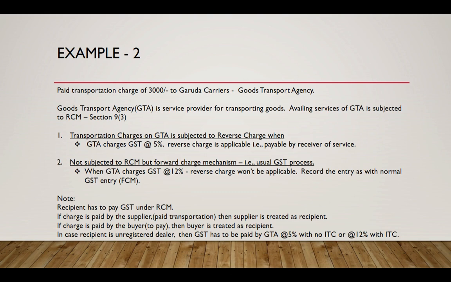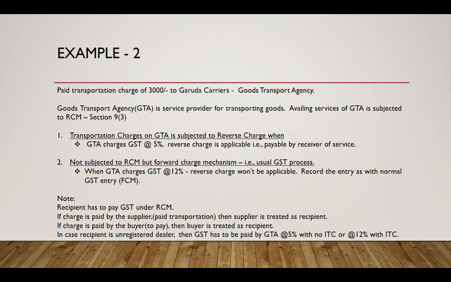In short, when GTA opts for 5% tax rate, then you need to pay GST under reverse charge mechanism, and in that case you need to pay GST at 5% in cash, and you would then get the input tax credit for the same. And if you are paying GST at 12%, then as usual, like with other transactions, you can get input tax credit by default.